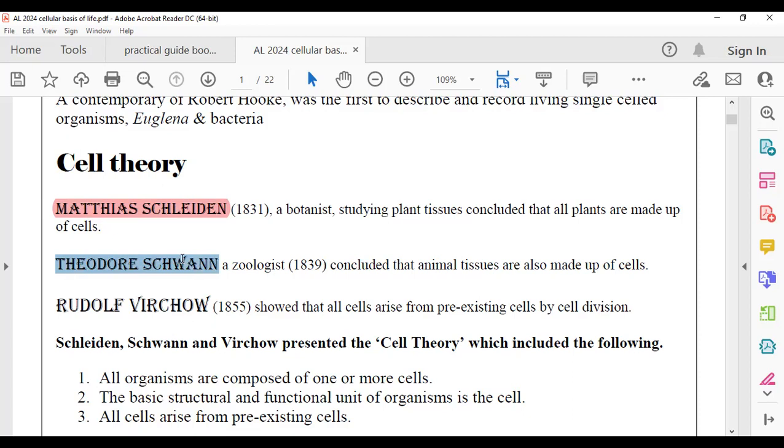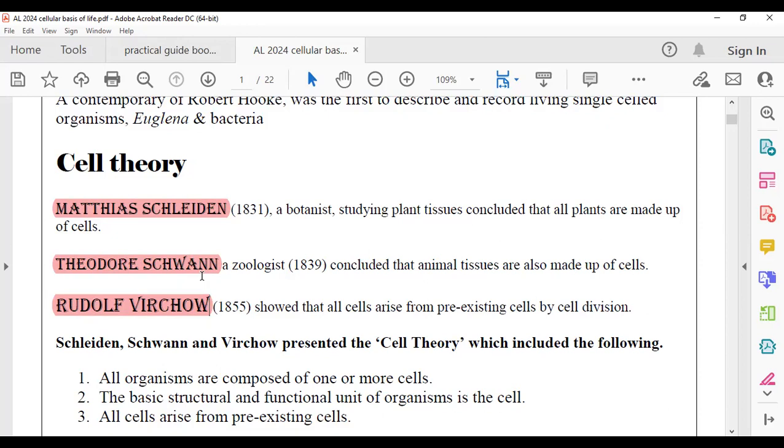Second person, Theodor Schwann. Third person, Rudolf Virchow.